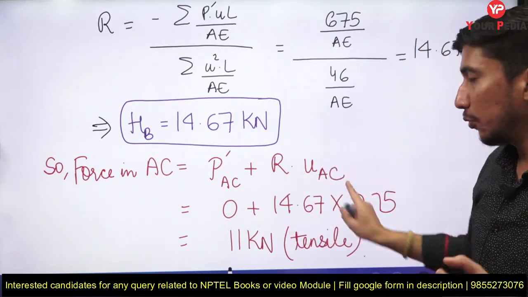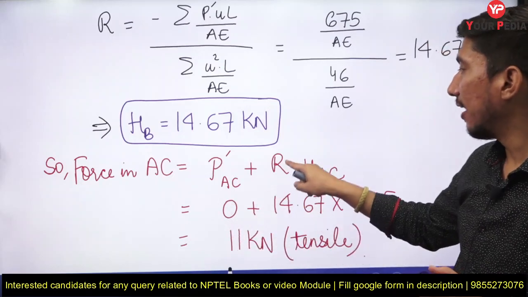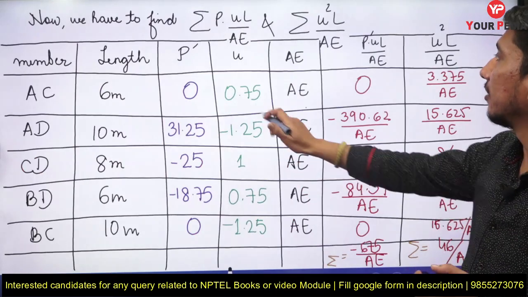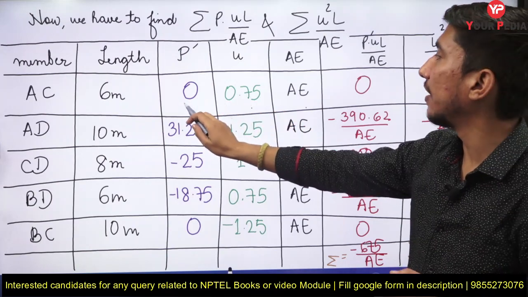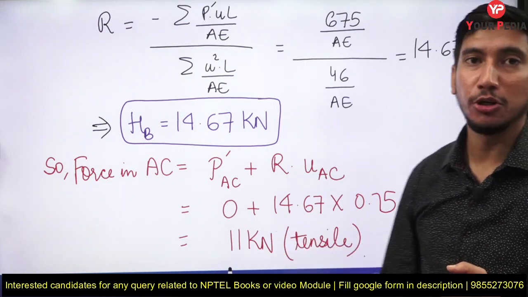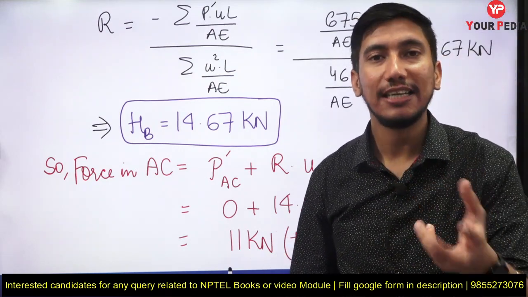So I have found UAC also. This value was 0, redundant value was 14.67, this value was 0.75. We can see from here also 0.75, this was 0 and this was 14.67, it comes out to be 11 kilonewton. Since it's positive, it will be taken as tensile force.